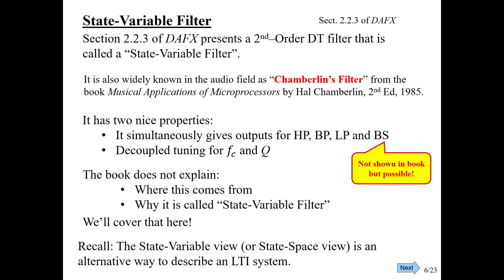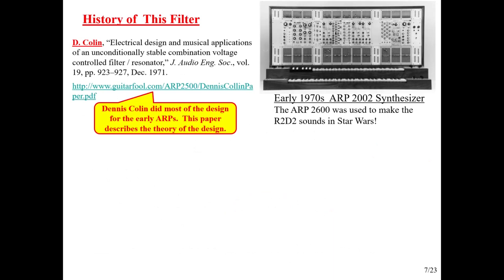So any given system can be a state space filter or system. It's not like this one is state space and that one is not. So to say that it's a state variable filter is a little bit of a misnomer, but that's how we get to it. We use state variable analysis to get to this filter. Then we implement it, and it's just a filter. It can be described by any of the other characteristics or models.